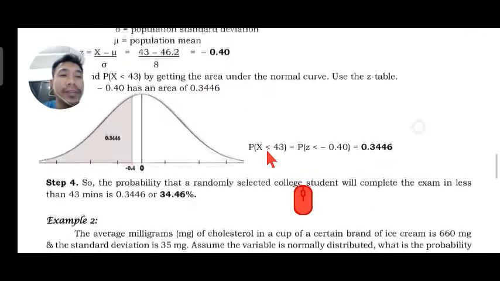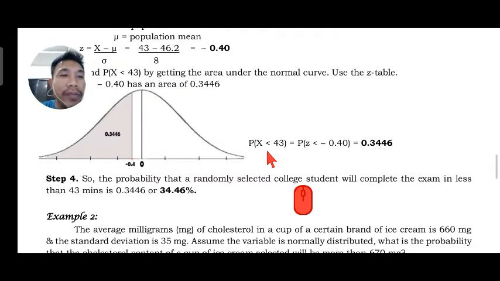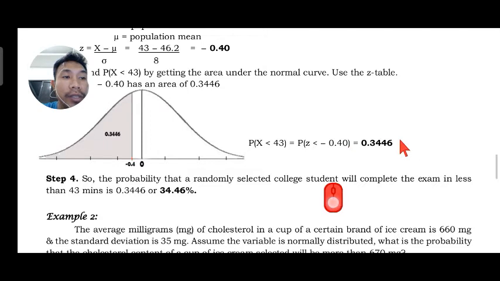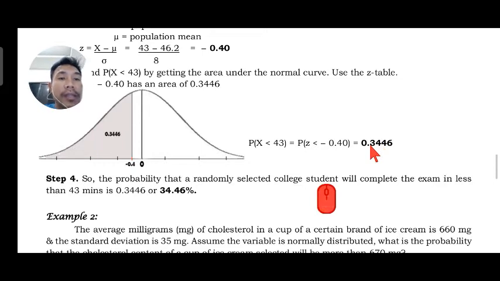So therefore, P of X less than 43 is equal to P of Z less than negative 0.40. So the answer is 0.3446 based on our Z table.